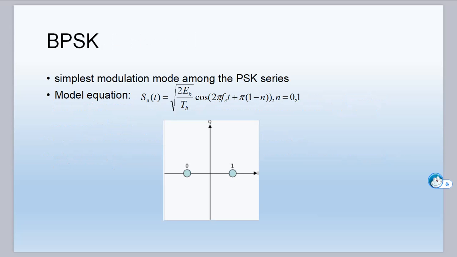And the next is the BPSK. So BPSK is the simplest modulation model among the PSK theories. P is phase shift.